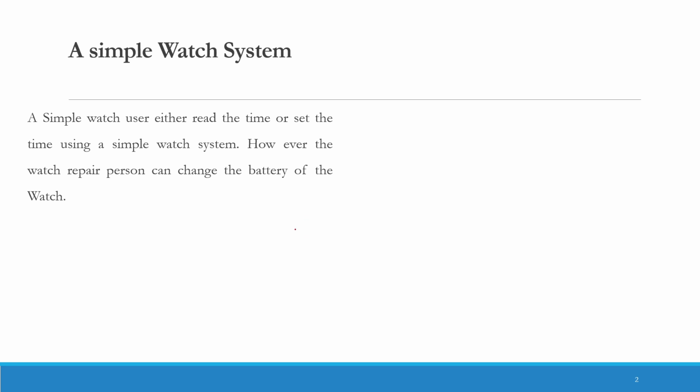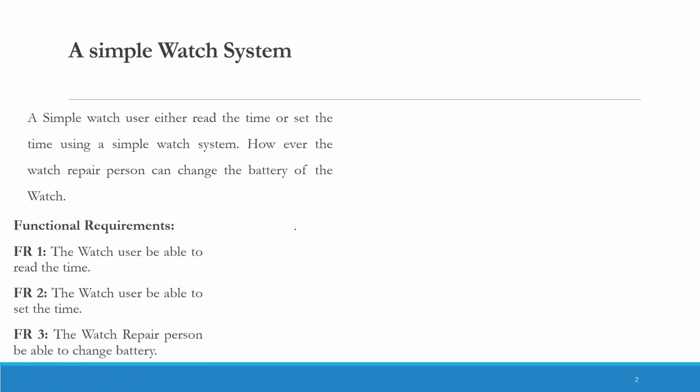Before we identify the use cases, it's better to identify the functional requirements of the system. The first functional requirement, the expected service of this watch system, is that the watch user is able to read the time.